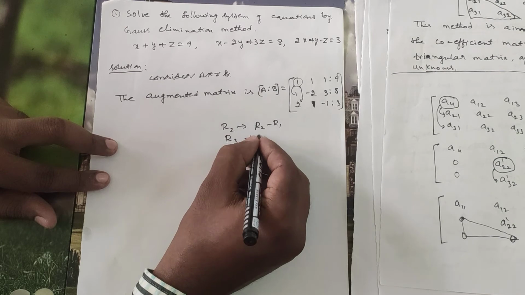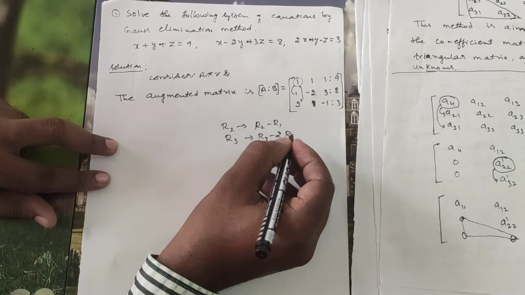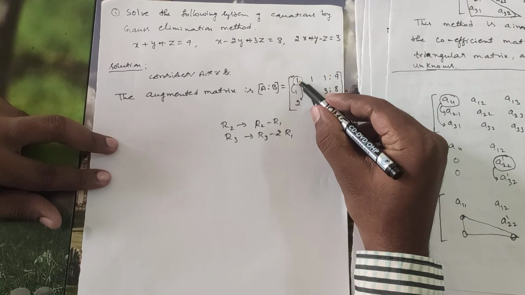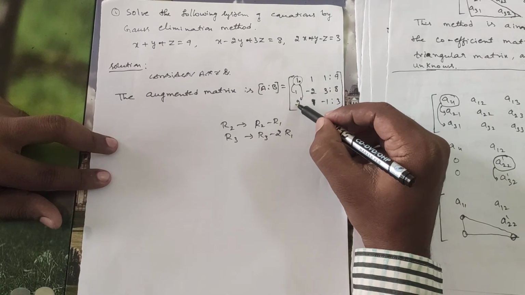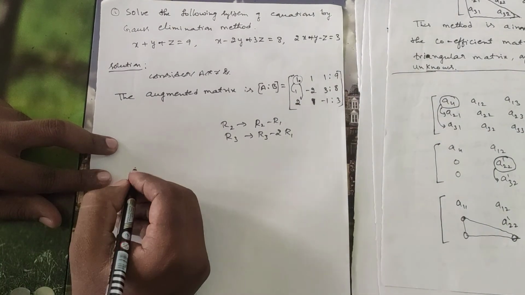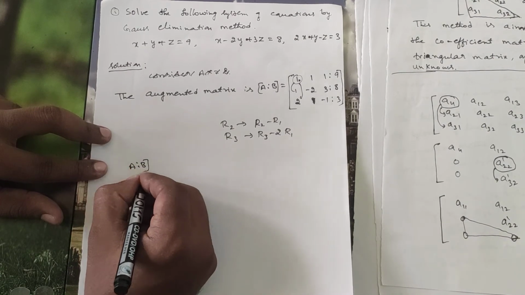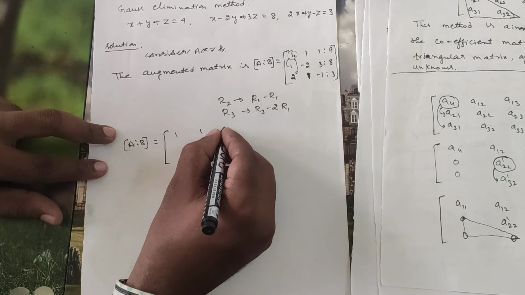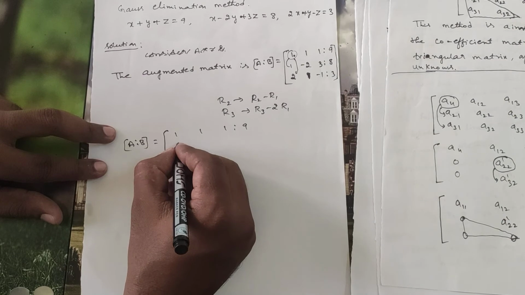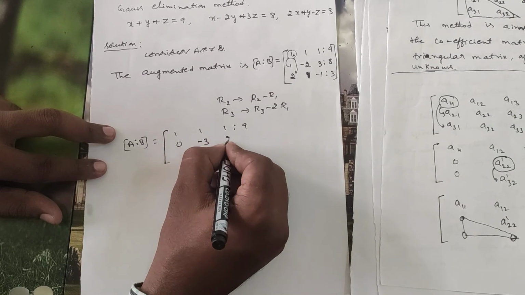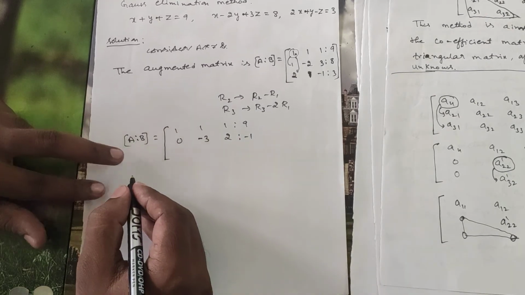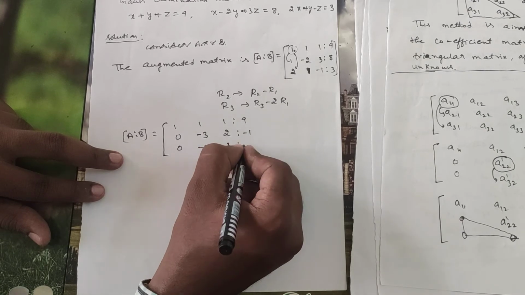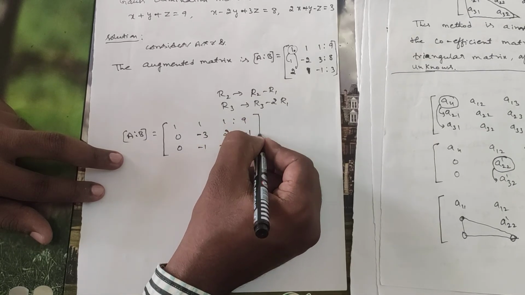R3 minus 2 times of R1, multiply 2 here and 1 here, that's all. 0 comes, no need to struggle. Okay, so A is to B equals, what you get here: 1 1 1 is to 9. Here you'll get 0, and here you'll get 3. 2 is to minus 1 you'll get, and here 0 minus 1 minus 3 is to minus 15 you'll get.